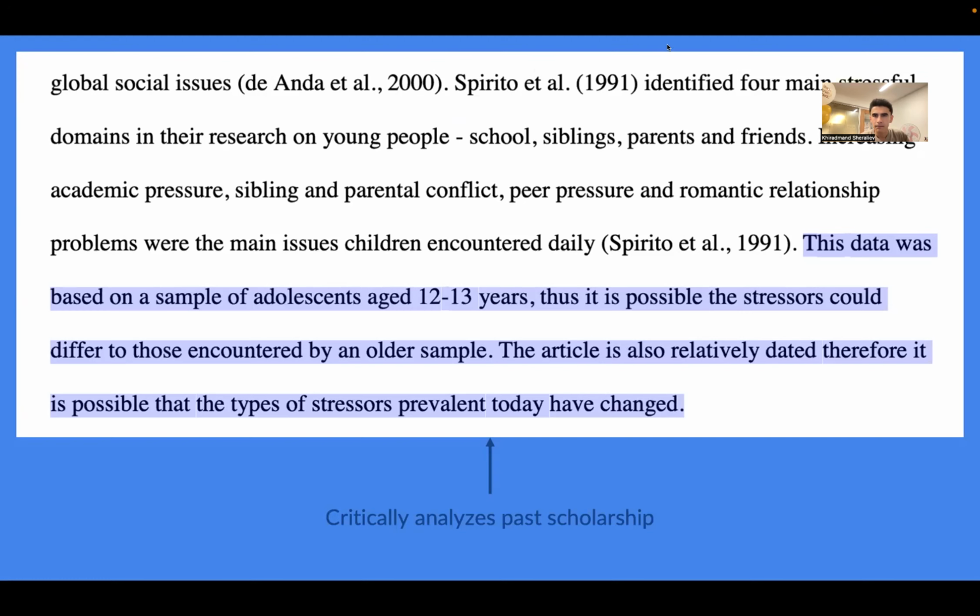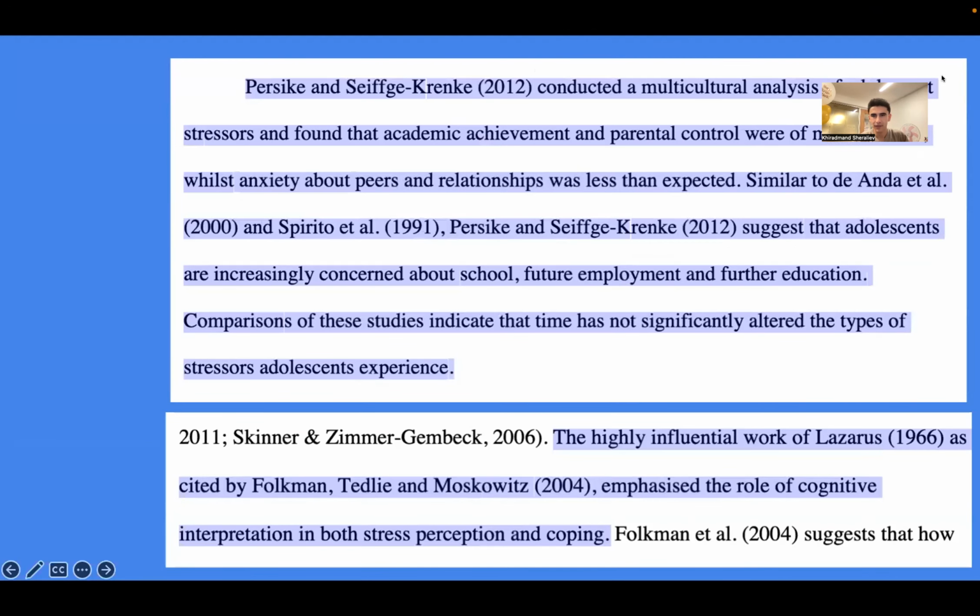Okay. So next. So it's a bit long. Okay, so Persike and Seiffge-Krenke conducted a multicultural analysis of adolescent stressors and found that academic achievement and parental control were of most concern.